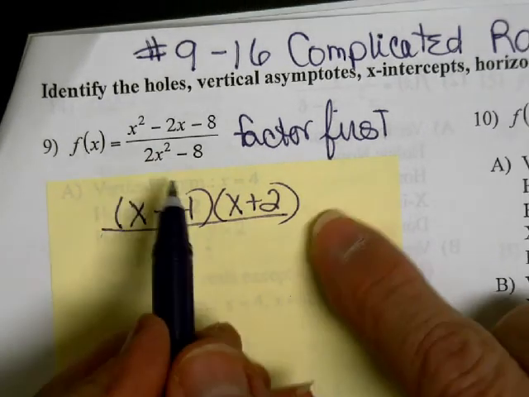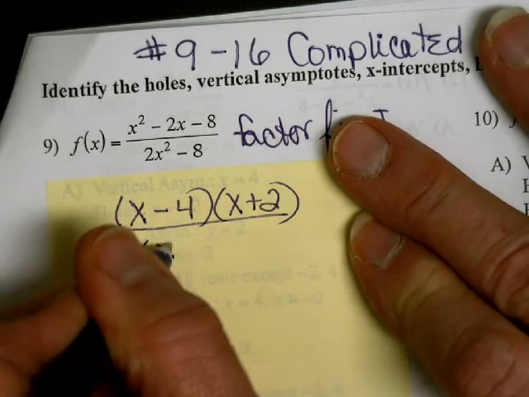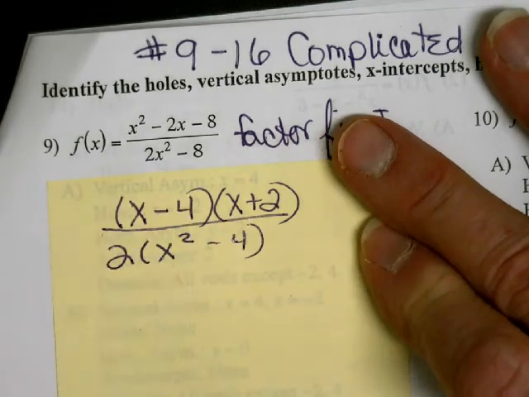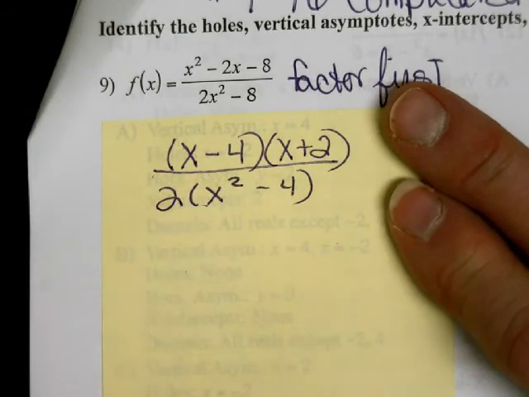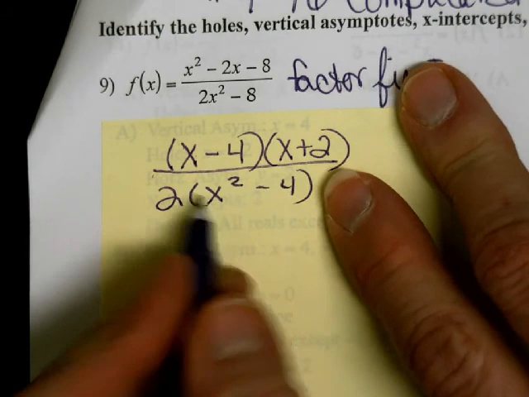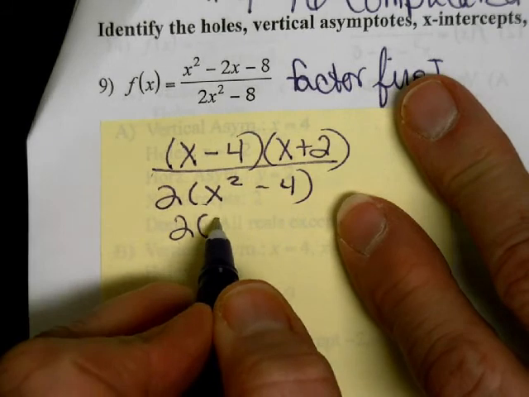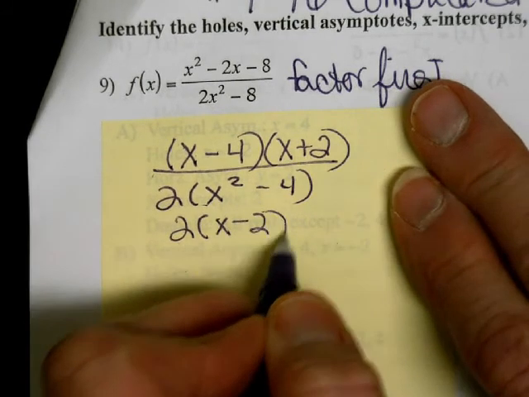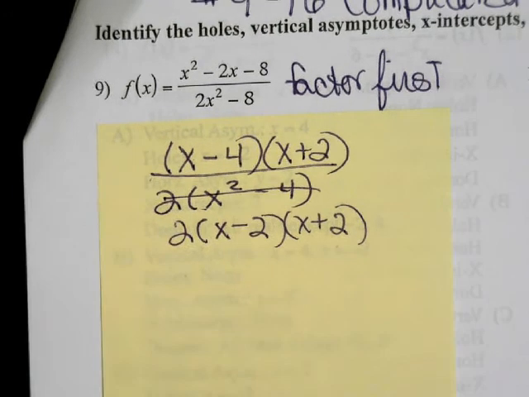So that's why we need to factor. Now this guy has a 2 in common. That leaves me x squared minus 4, and hopefully you are cognizant that this needs to be factored one more time because that's still a difference of squares. So now I rewrite my final denominator as 2 times x minus 2 times x plus 2.